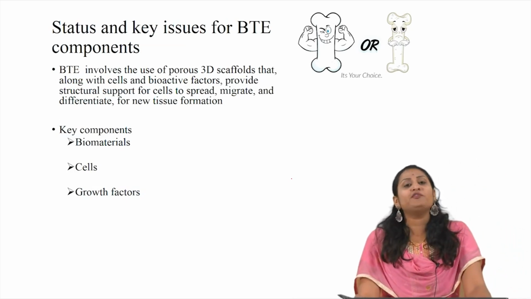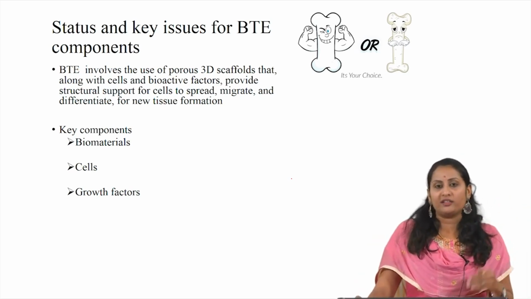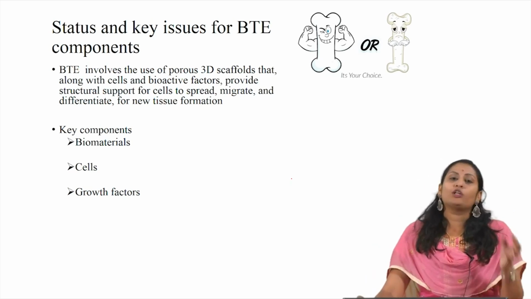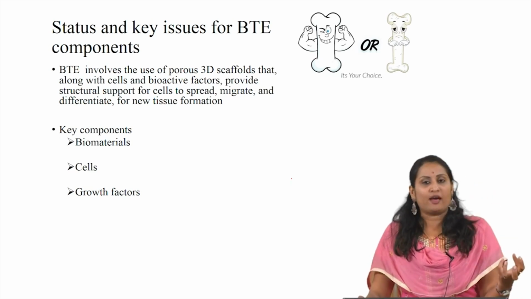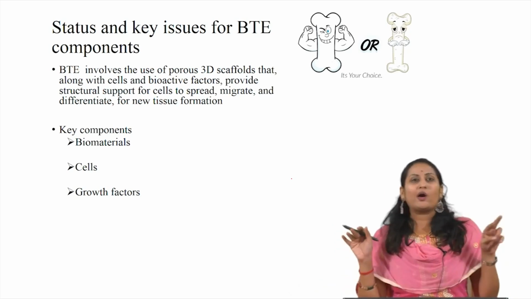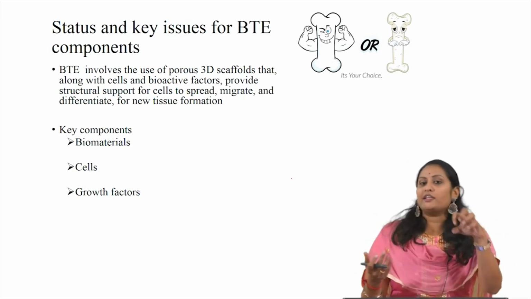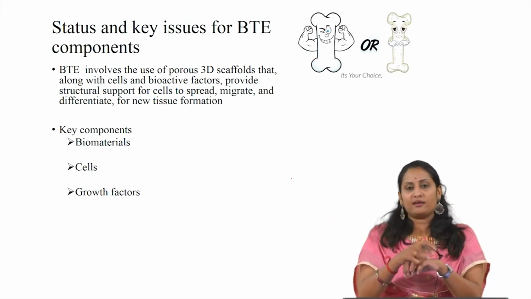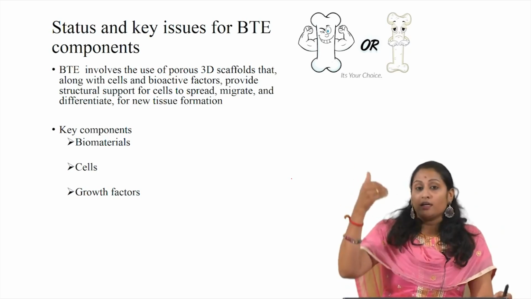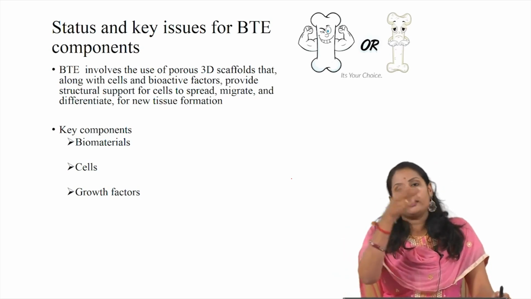So in this session we will be dealing in detail with each key component of bone tissue engineering. Bone tissue engineering involves the use of porous 3D scaffolds. The 3D scaffold, as I said, mimics the extracellular matrix, or in general acts as the structural template for the cells to enter, adhere, proliferate and differentiate, and thereby it enhances the formation of new tissue, and it has to degrade.